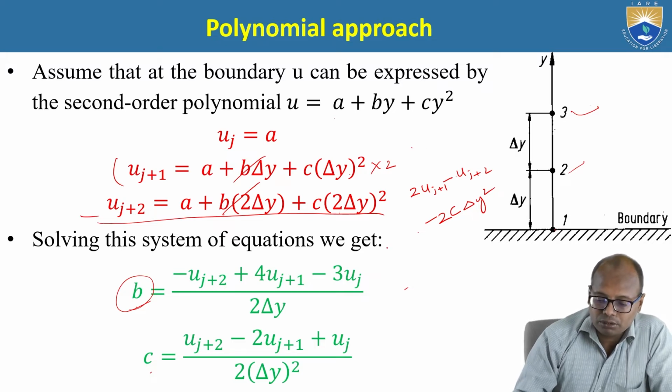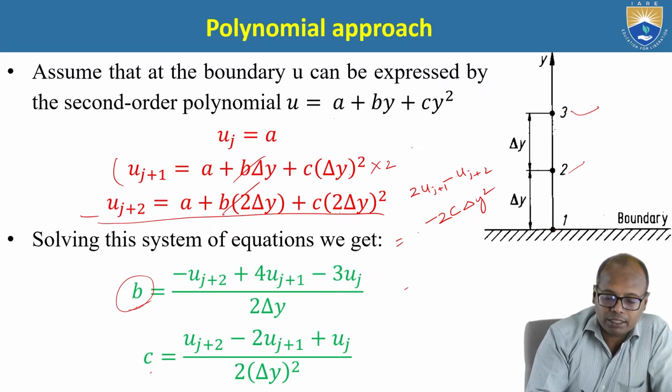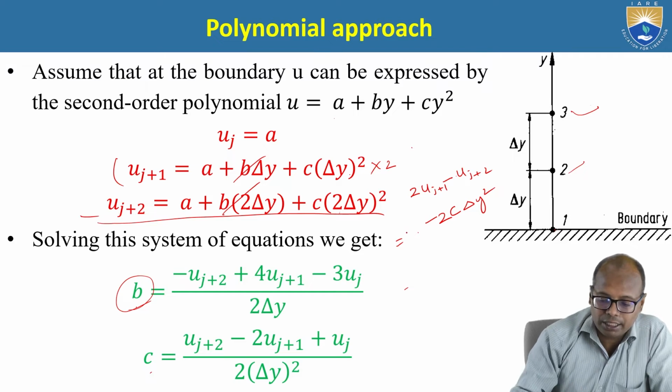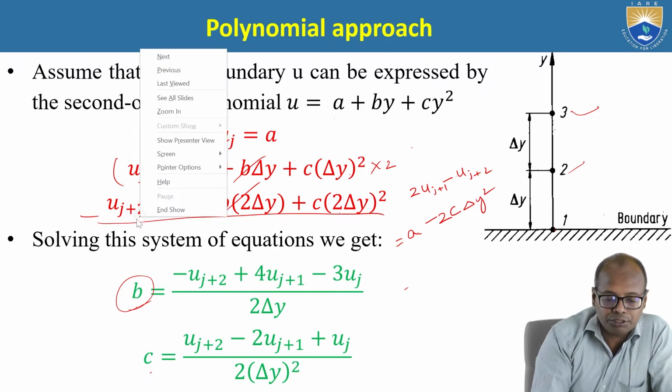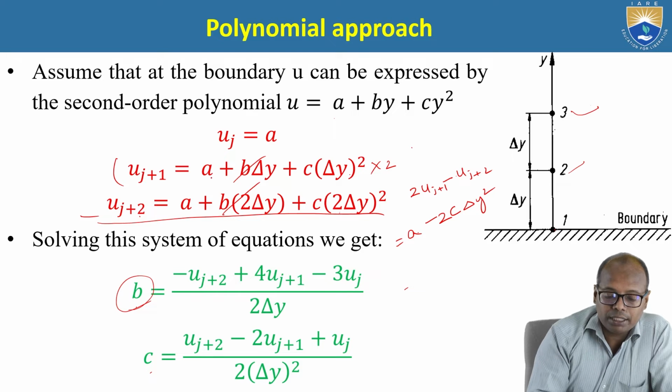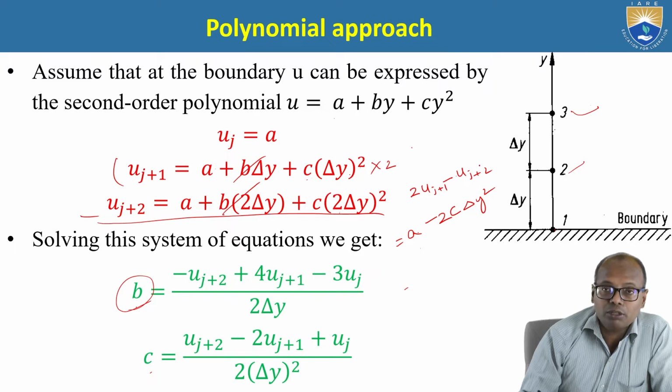So this is equal to, and here this is 2a and this is a, so I will get a here. I am subtracting this equation from this equation. So here 2u(j+1) minus u(j+2), and here 2a minus a is a, and here 2 delta y whole square minus 4 delta y whole square, I will get minus 2c delta y whole square.